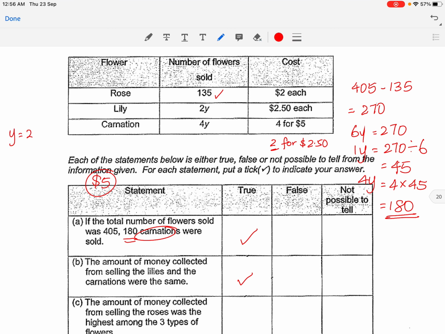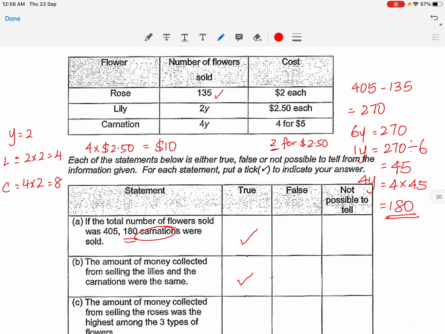If y equals 2, right, my lilies will be 2 times 2 equals 4. My carnations will be 4 times 2 equals 8. Now let's put the money in, the value. 4 lilies will be 4 times $2.50. You will get $10.